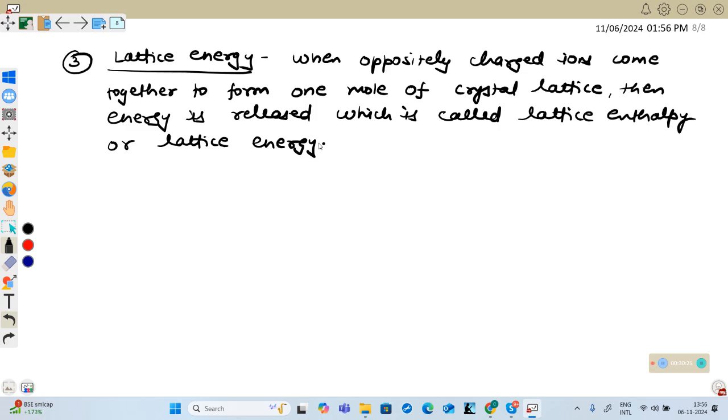The greater the magnitude of this released energy, the more stable the final ionic compound formed, and the greater the chance for the formation of that ionic compound. During any spontaneous process, the greater the magnitude of released energy, the more spontaneous it is, or you can say the more easily that reaction will take place. You understood? So here, suppose X plus and Y minus in gaseous form, 1 mole of cations and 1 mole of anions, come together forming 1 mole of the solid.